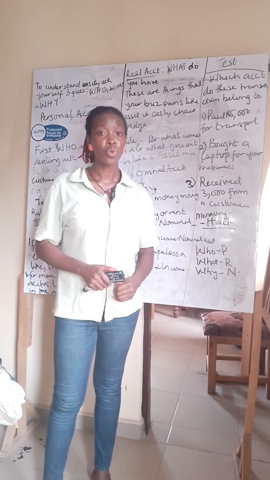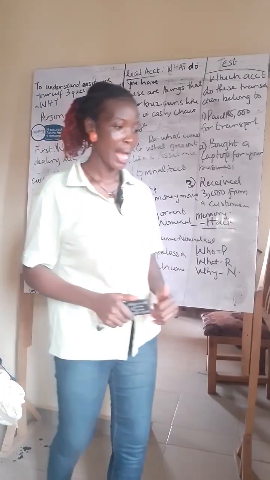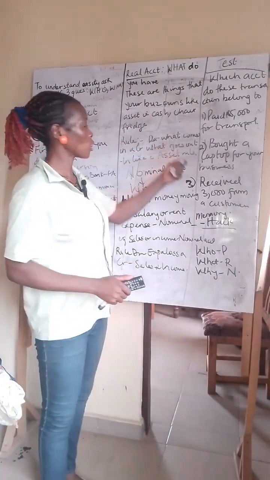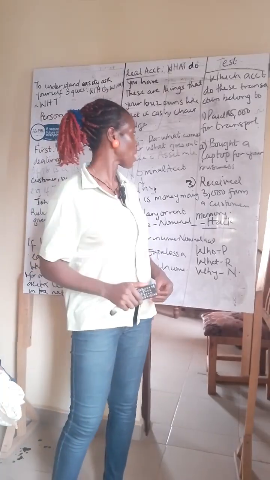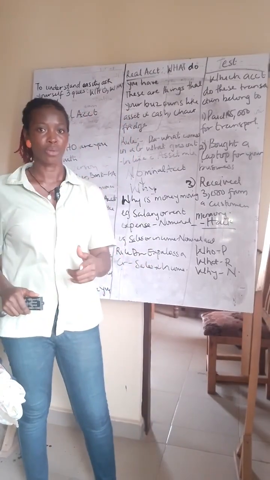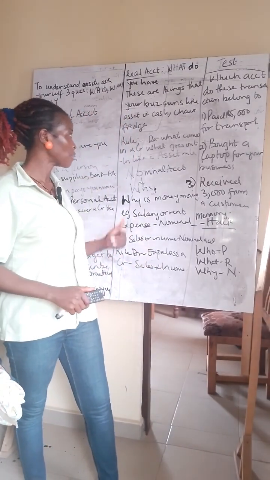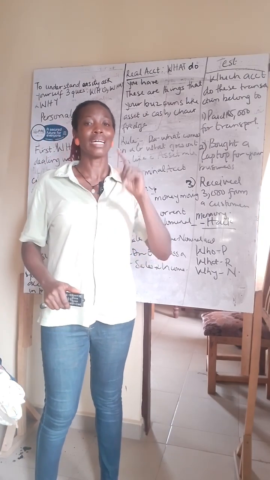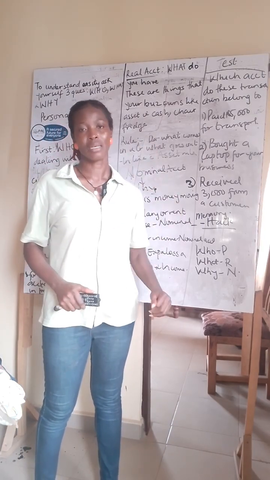The rule for this account is you debit what comes in and you credit what goes out. Are we together? That is the rule that goes for assets.